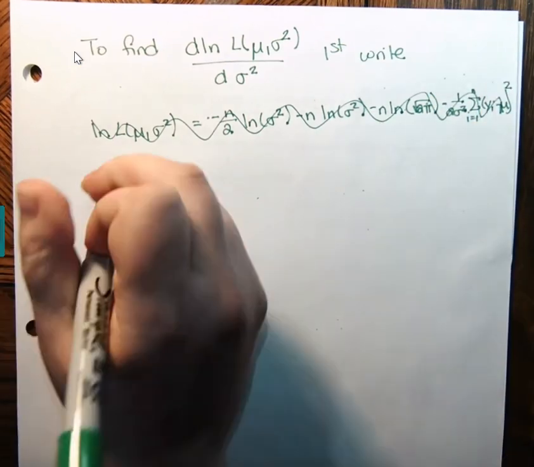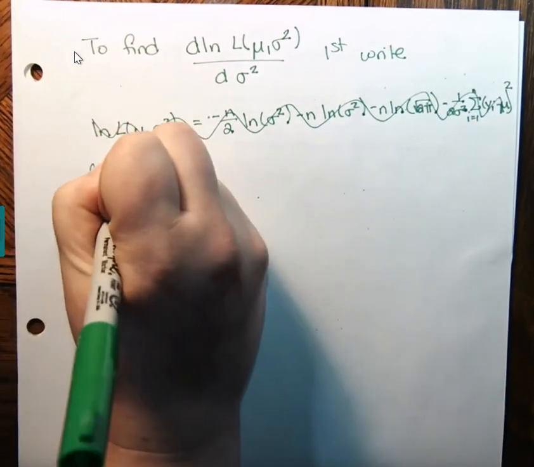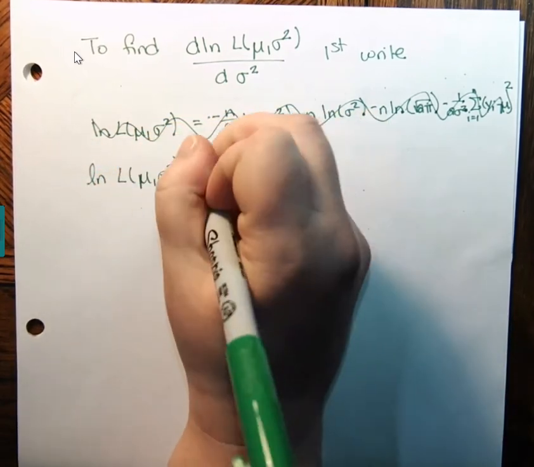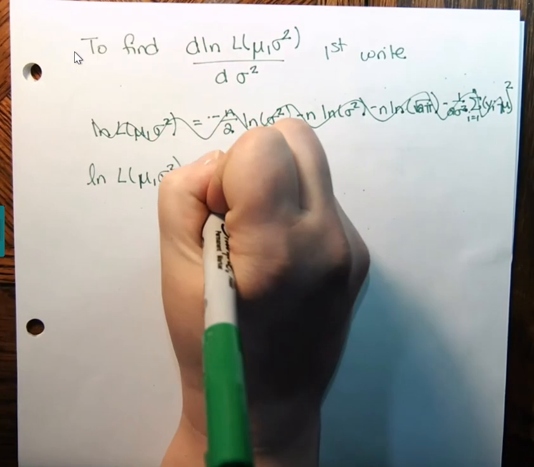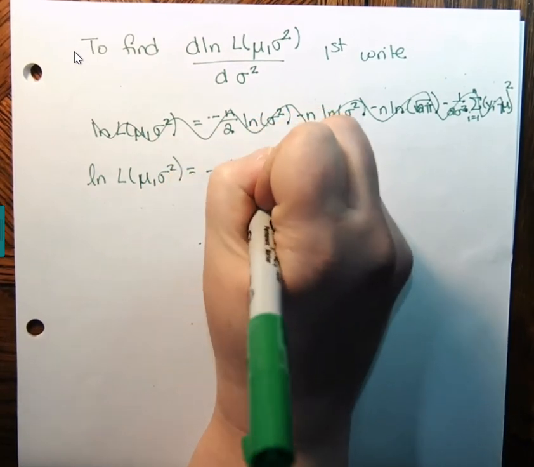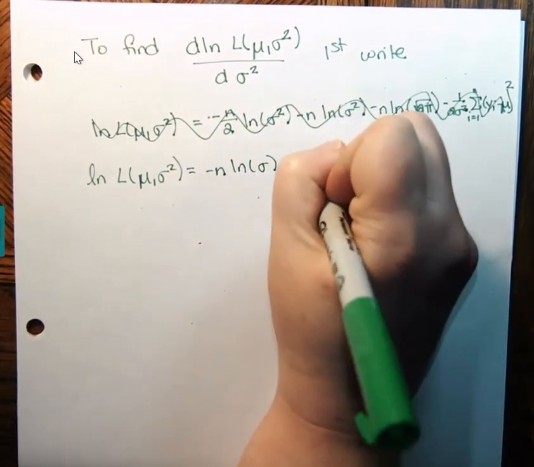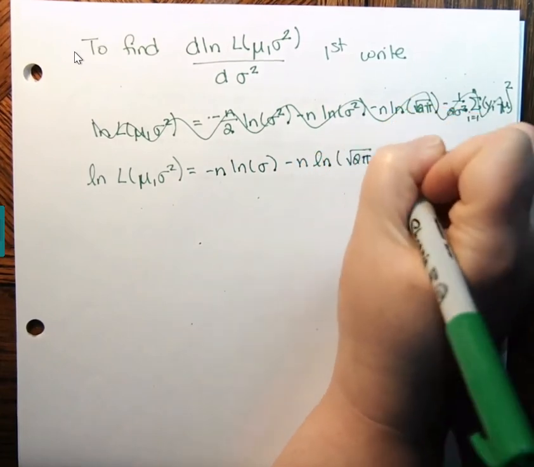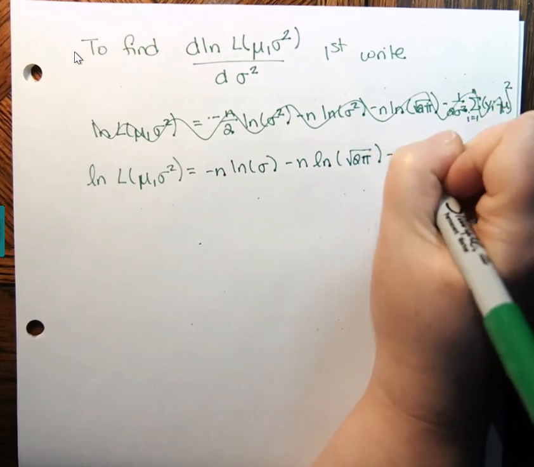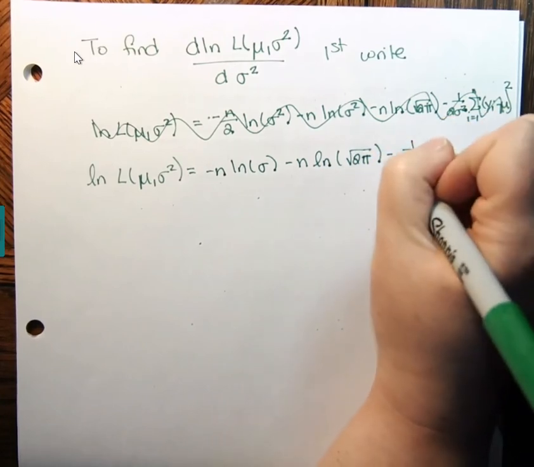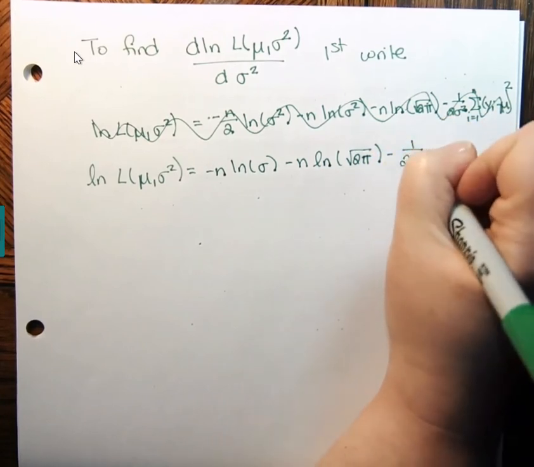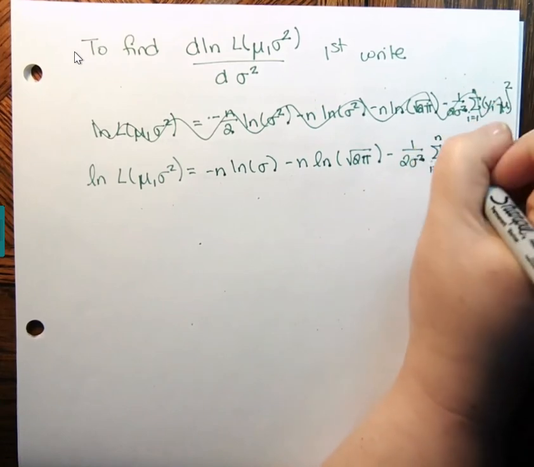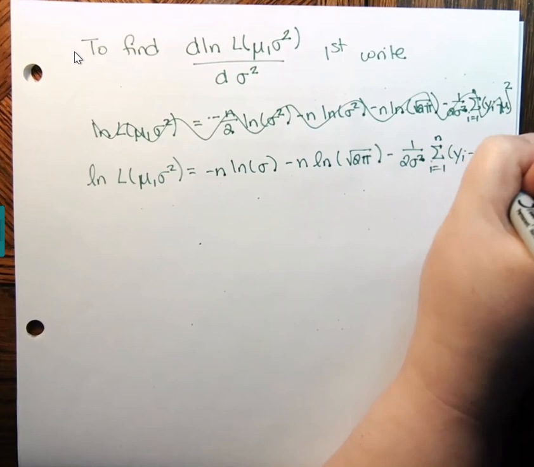Alright, so again, we'd already found that the natural log of the likelihood is the following. And so that's equal to negative n natural log of sigma, minus n natural log of the square root of 2 pi, minus 1 over 2 sigma squared times the sum i equals 1 to n y i minus mu squared.